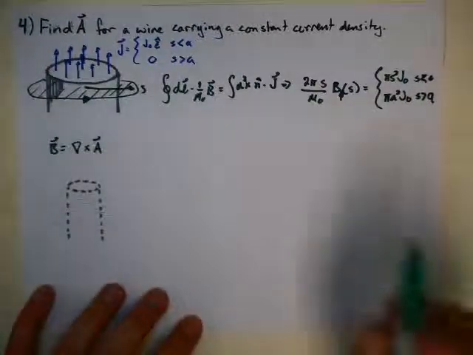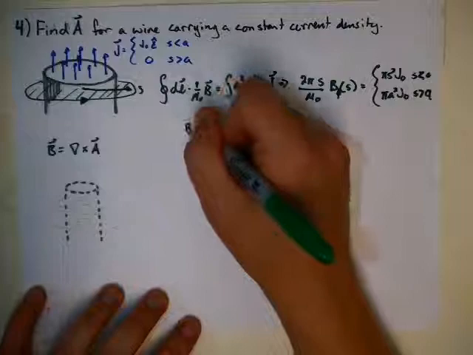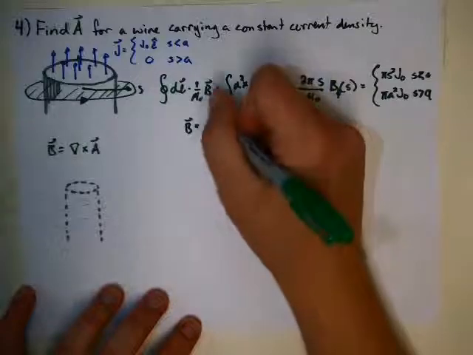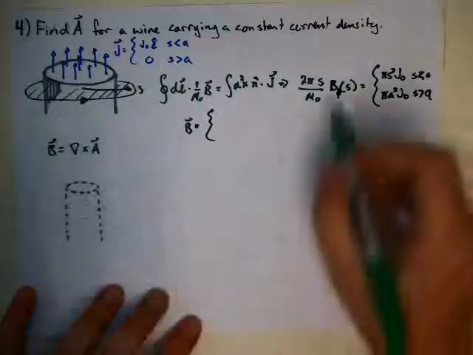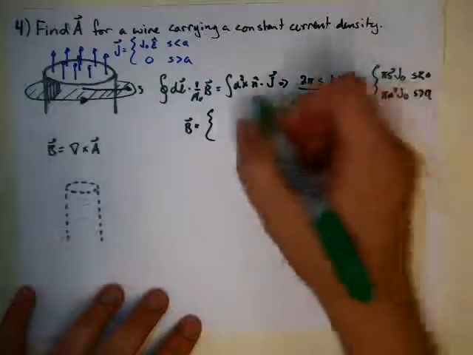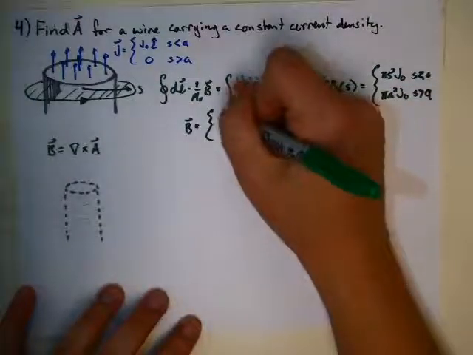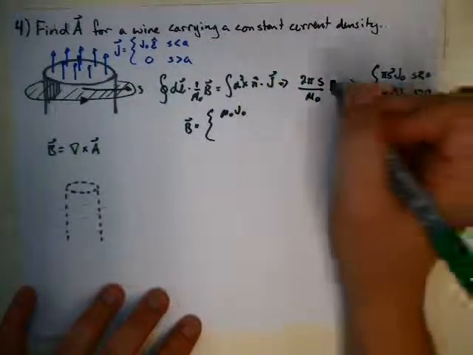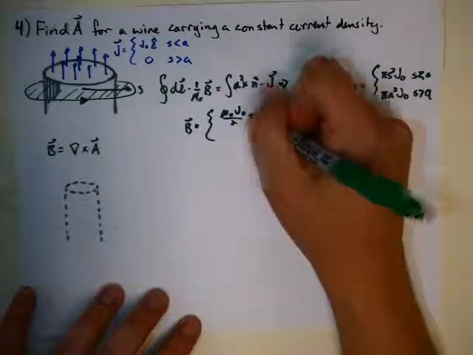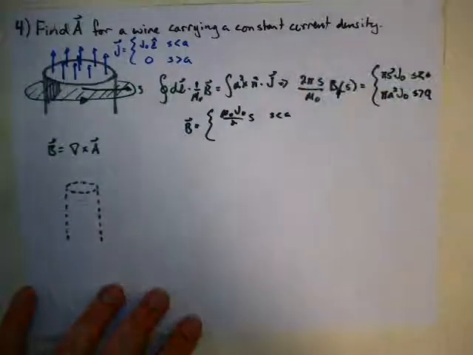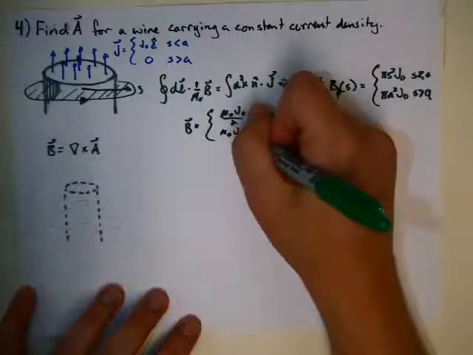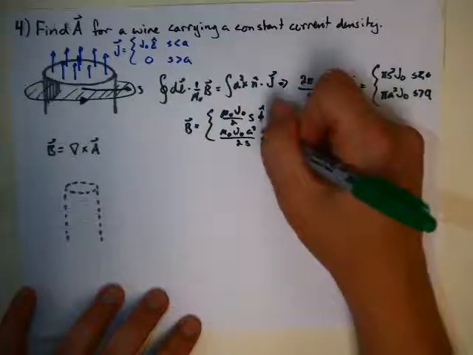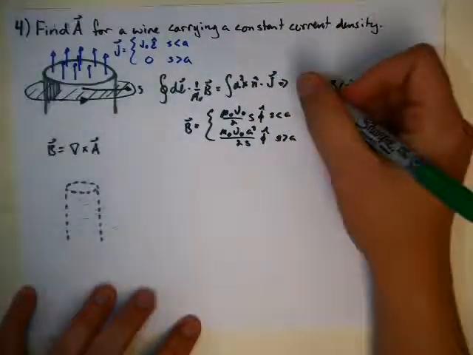B is looping around in this direction. In the end, the pi's are going to cancel. I'm going to get mu naught J naught over 2 times s, phi hat, for s less than a, and I'm going to get mu naught J naught a squared over 2s, phi hat, for s greater than a.